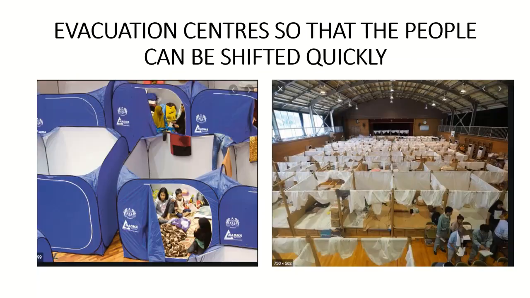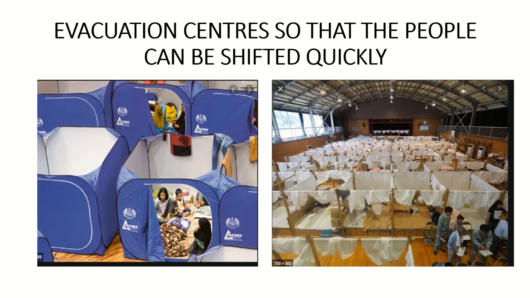Then evacuation centers have to be made by the government, where food and medicine are provided to the people. Some area is given to each family so that they can live there while their area is affected by the flood, and then they can go back when their own houses are reconstructed.